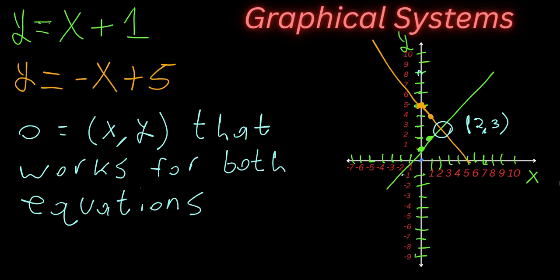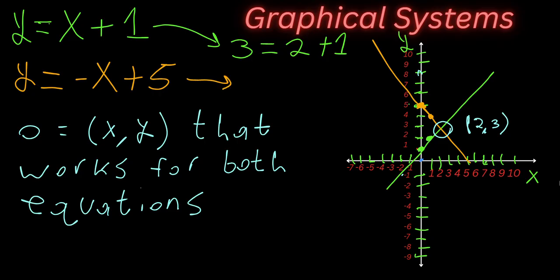Now my graph isn't perfect here, but that's okay. What that means is we're going to plug it in. So does 3 equal 2 plus 1? I'm just moving this over here and plugging in the values, and it does equal that.